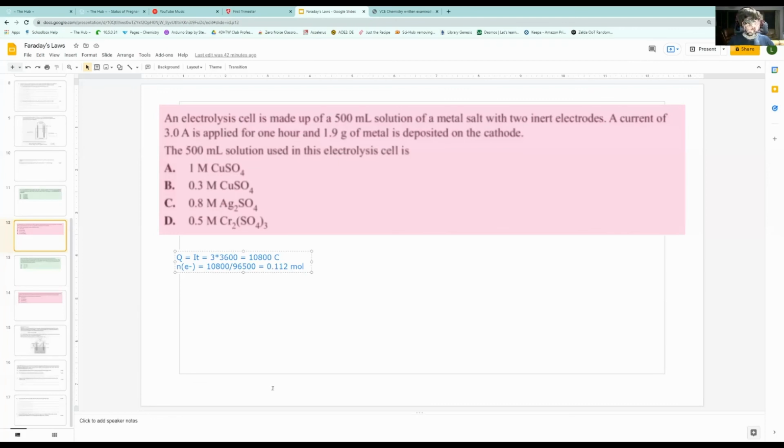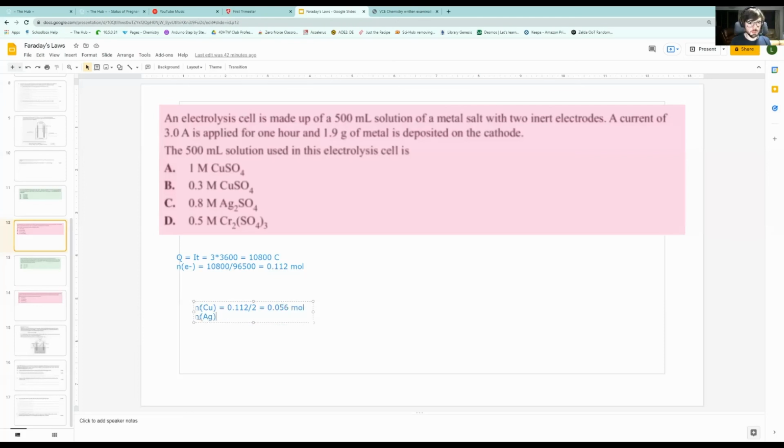And we've got a few different possibilities here. We've got copper, silver, or chromium. If we're looking at copper, we're looking at half that amount because it's 2 plus copper, so it's going to be 0.056 mole.